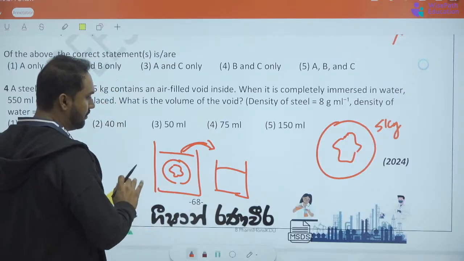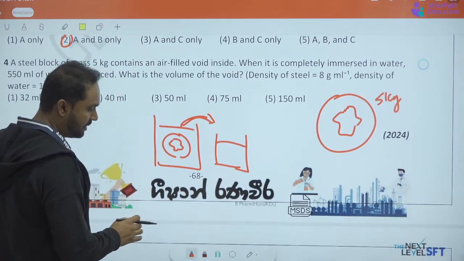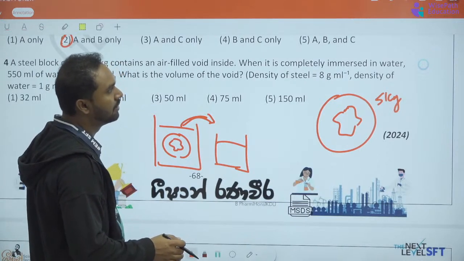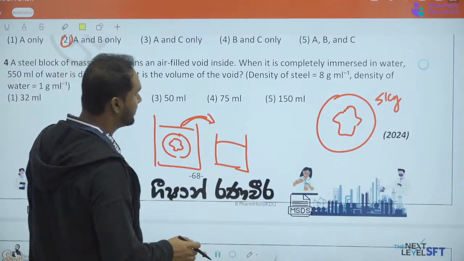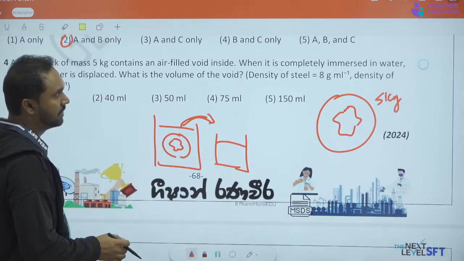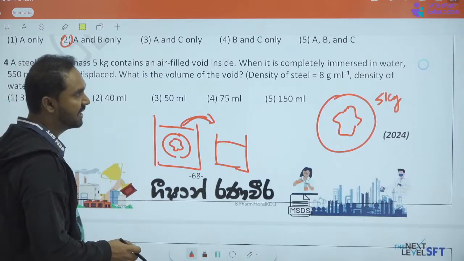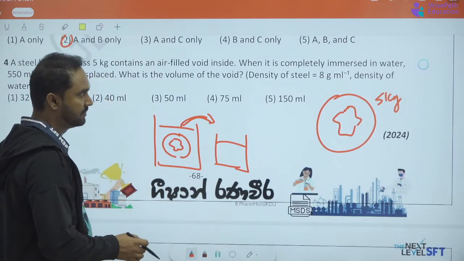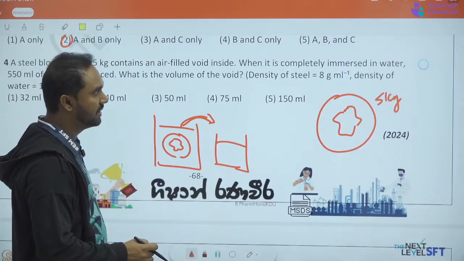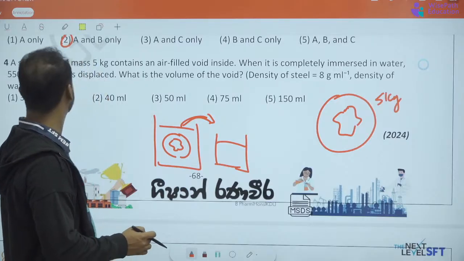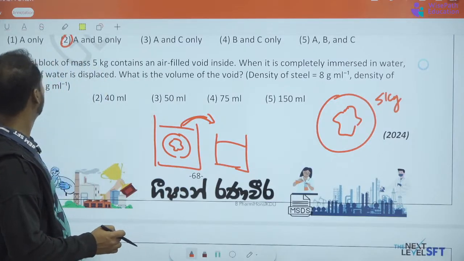Now, if we apply the upthrust, we can take the volume that was displaced, and the volume that was displaced is given.